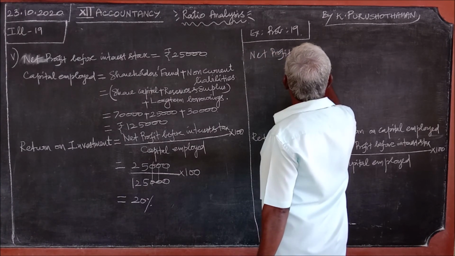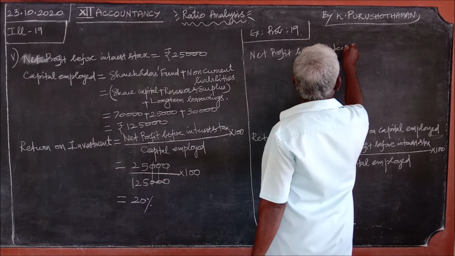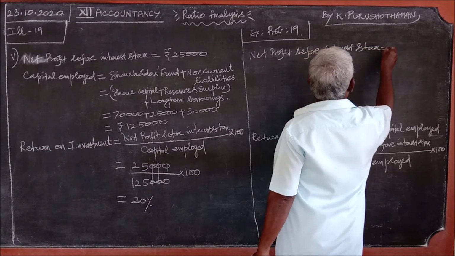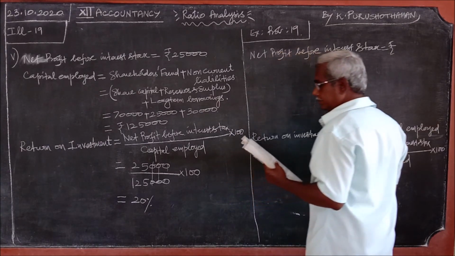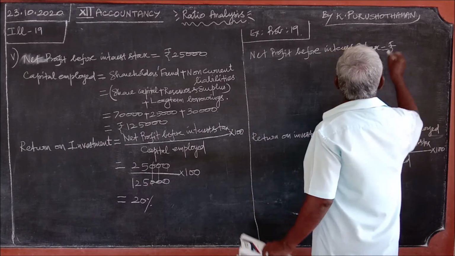Net profit before interest and tax is equal to rupees 60,000. It is given under the box, you see 60,000.